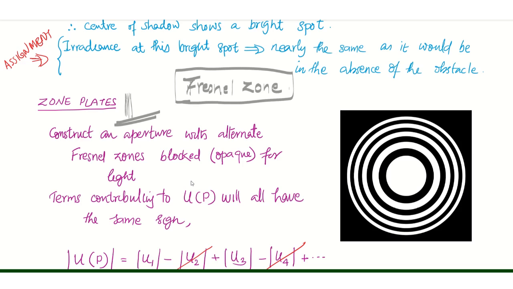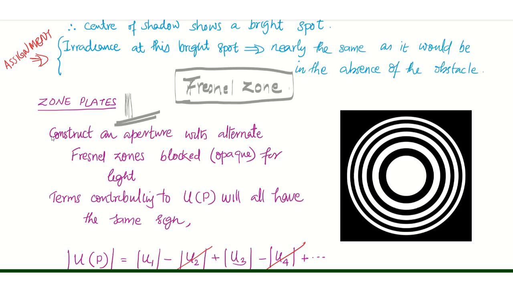It's not a device. It doesn't have a physical origin, but we can use that division into Fresnel zones. These are zones of equal area, and we can use them to make something called zone plates.